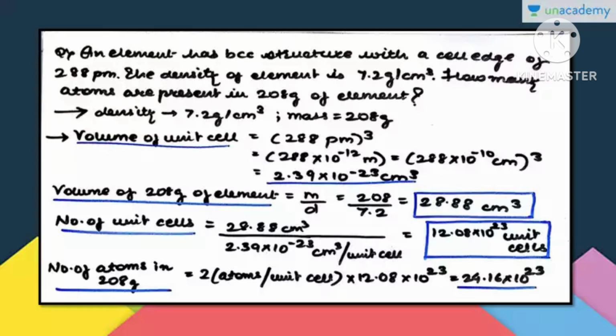And third, the density is given, 8.92 gram per cc. These three important points are given, and you have to calculate the atomic mass of copper.